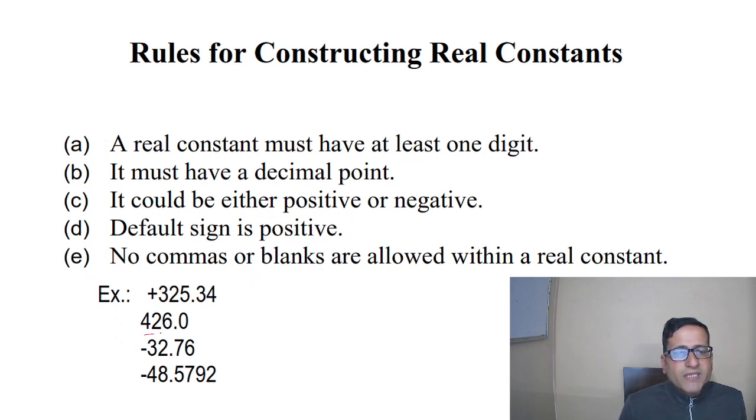Likewise, in the second example, we can see no plus sign is given, so it is by default a positive real constant. In this one, a negative sign is given, so it is a negative real constant.